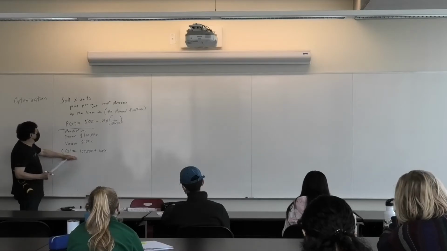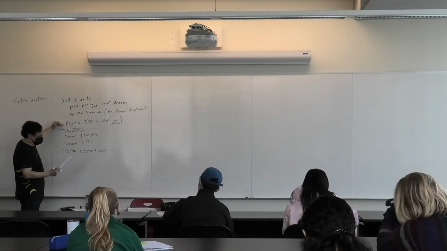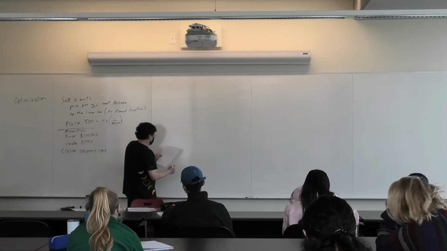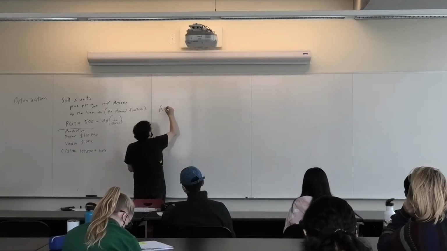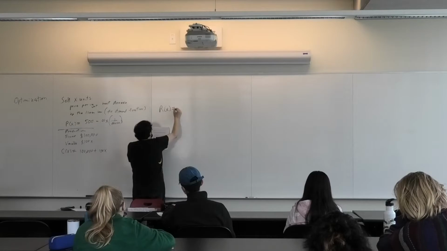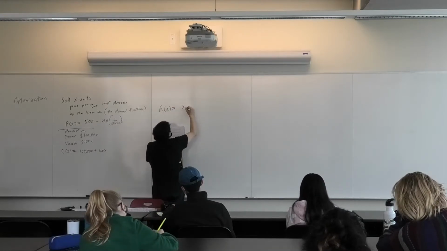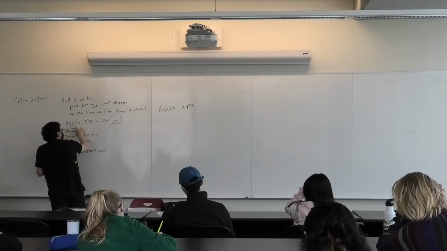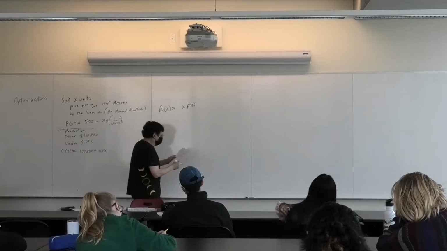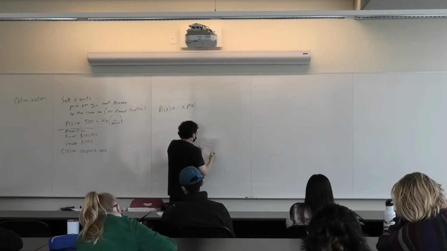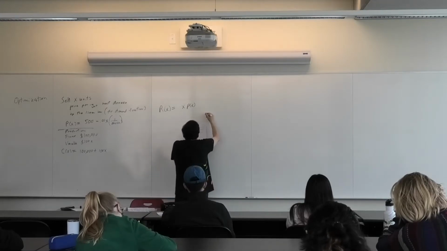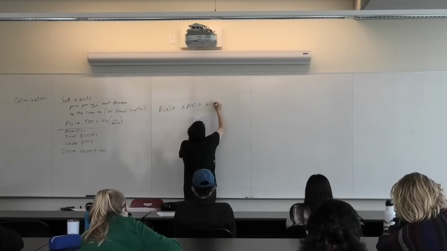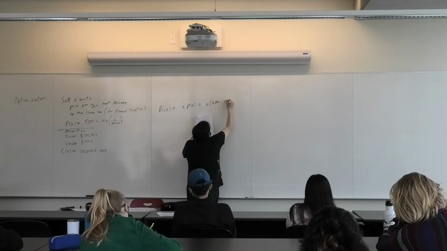Okay, so we've got the cost and how much we can sell them for per unit. So we have a revenue function, which is x times the amount you're going to sell it for, equal to x times (500 minus 0.01x).